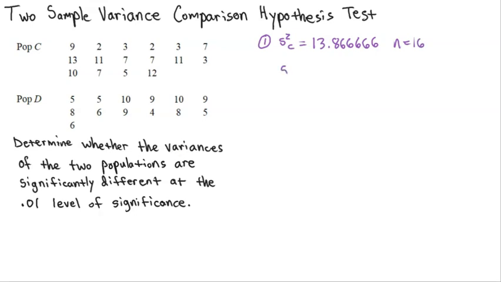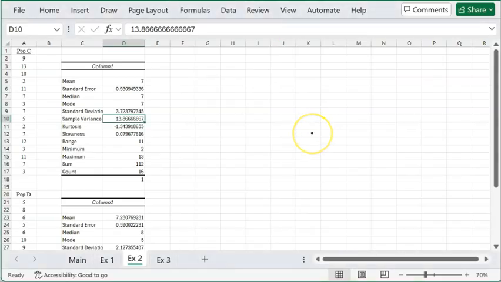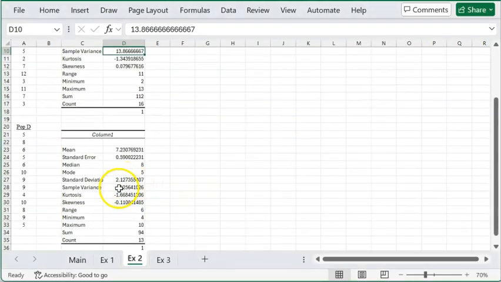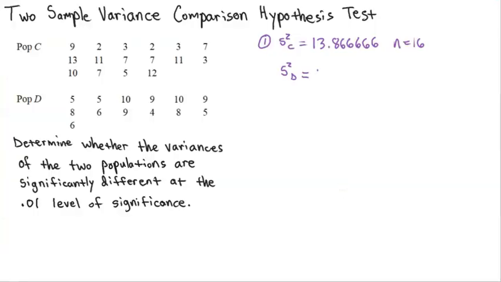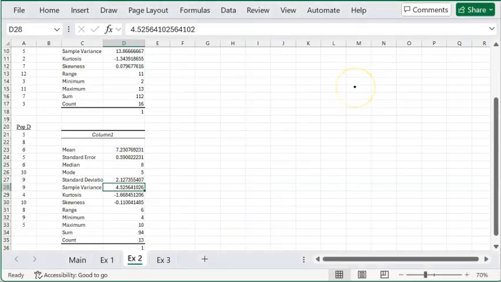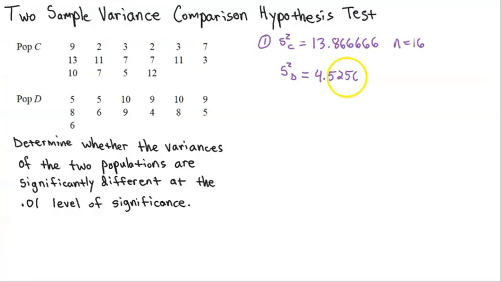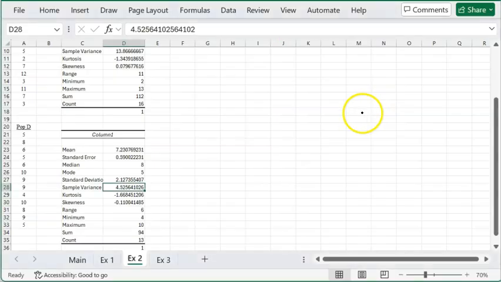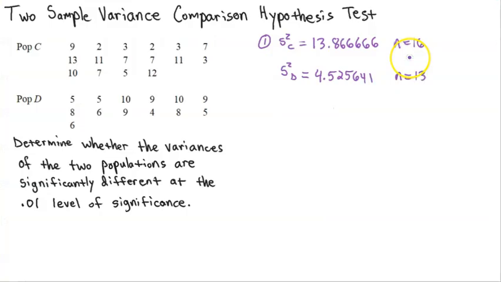Now we'll do the same thing for the sample from population D. Scrolling down, the variance is 4.525641, and our sample size is 13. Okay, so that's step one.